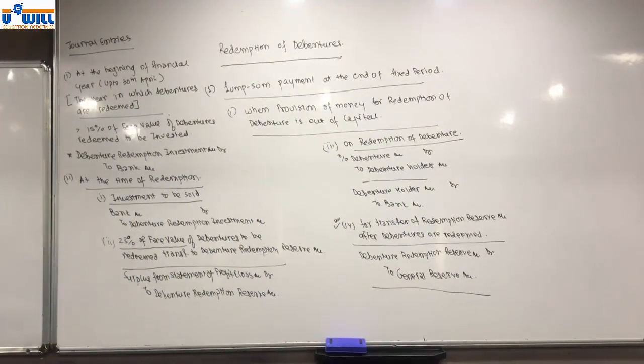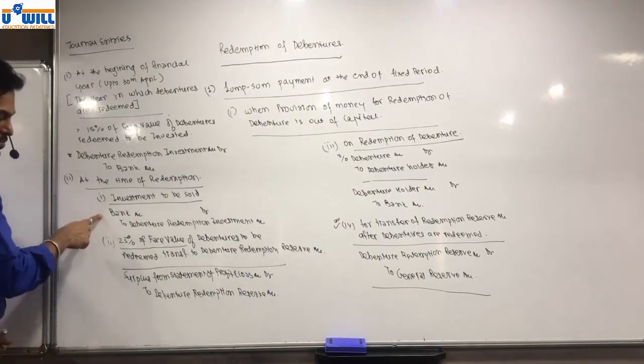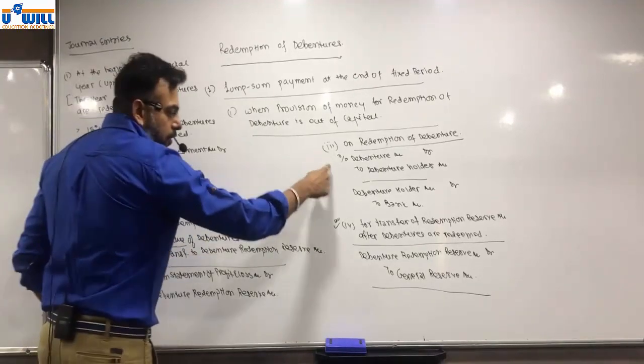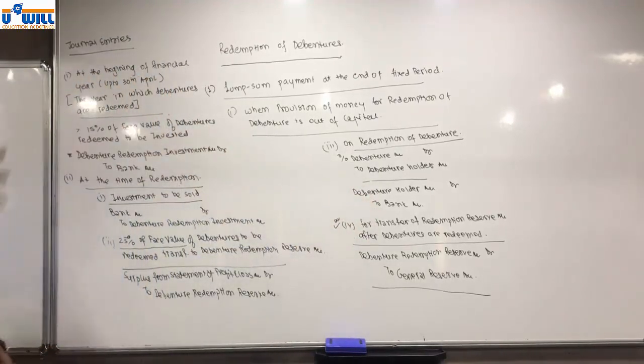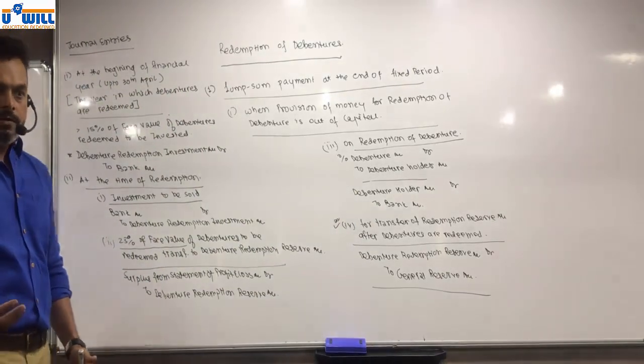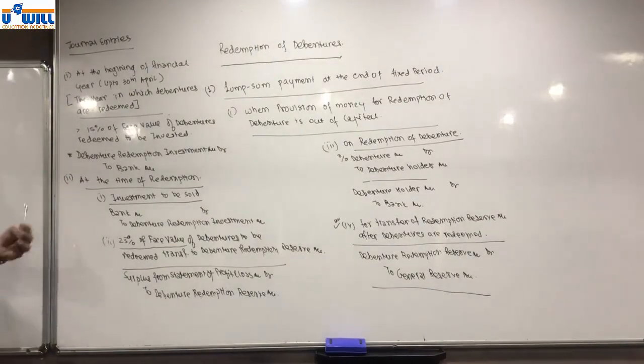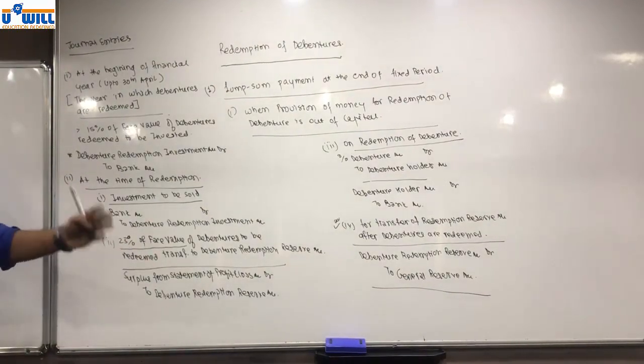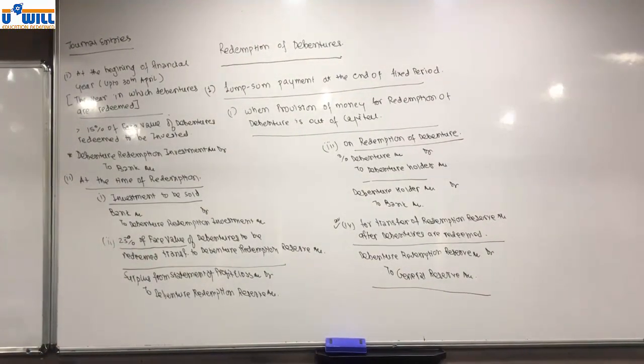So total 1, 2, 3, 4 and 5 journal entries. You have to remember these journal entries. Now, do you know the entry at the time of issue of debentures? Okay. Apart from that, we'll have to pass all these journal entries. Make the format for the sum.